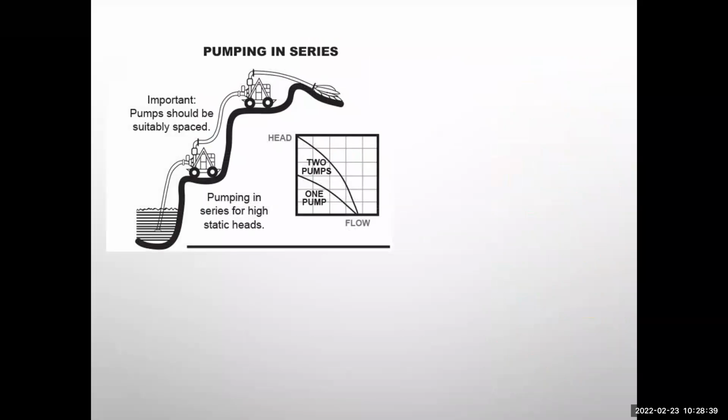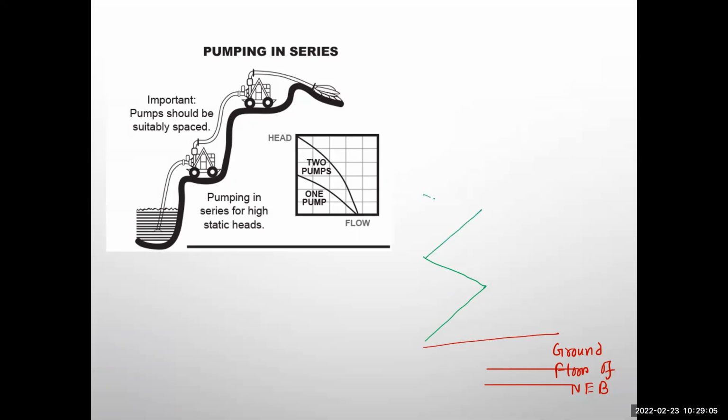Here, pumps in series. So what I will do, I will use a metaphorical example. This is the ground floor of NEB, and this is the stair: first floor, second floor, third floor, 400 level.